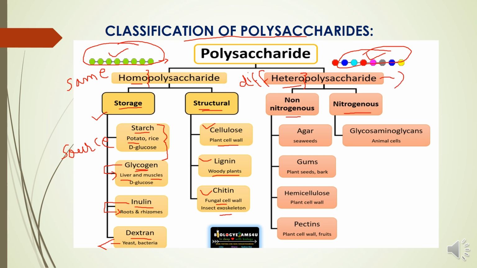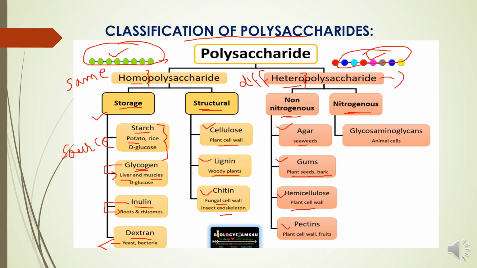Heteropolysaccharides are classified on the basis of non-nitrogenous and nitrogenous compounds. Examples of non-nitrogenous heteropolysaccharides are agar, gums, hemicellulose, and pectins. Agar is present in seaweeds, gums in plant seeds and bark, hemicellulose in the plant cell wall, while pectin is present in the plant cell wall and fruits.